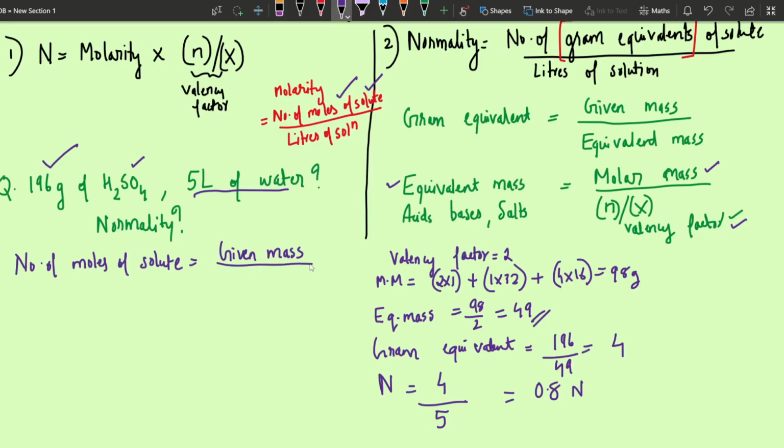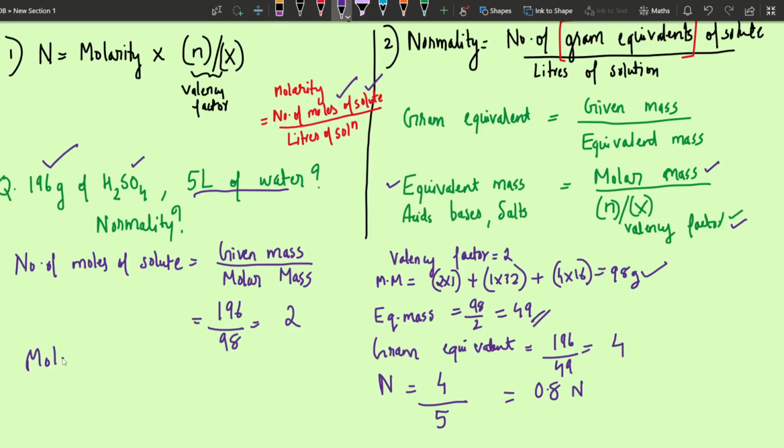Here what we have changed is that we changed this molar mass into equivalent mass. That is the only change. The molar mass for this one is 98, which we have found out here, and given mass is 196. So 196 divided by 98 will give 2. So 2 is the number of moles of solute.